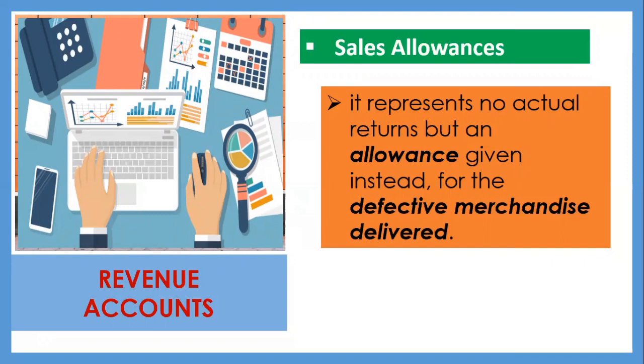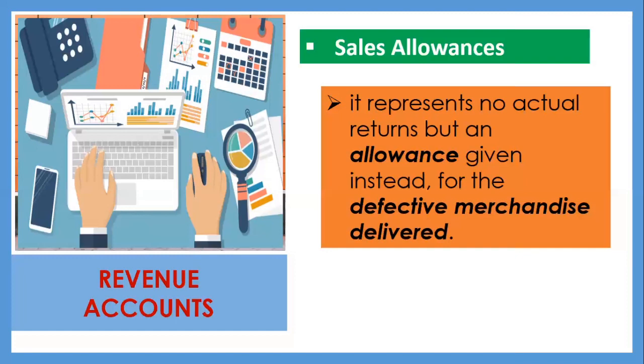So instead of returning it to Lazada or Shopee, I actually phoned the seller, and instead of paying, let's say, 1,000 for my defective product, we had an agreement by the seller to pay it less, okay? So instead of paying 1,000, I only paid 500. So that was an agreement between me as a customer and Lazada or Shopee.